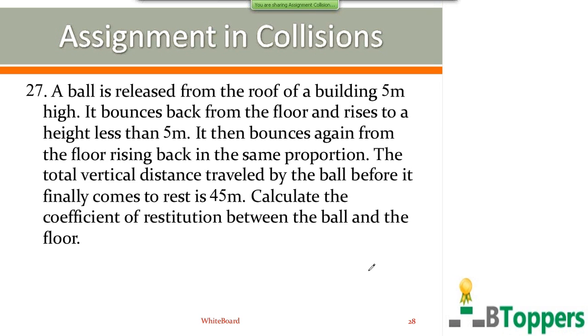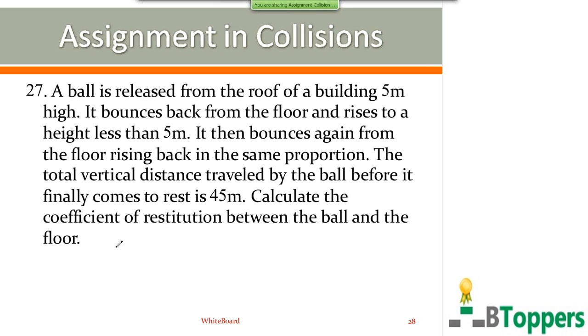This problem also comes under one special case which I have discussed in a separate class in one-dimensional inelastic collisions. As I discussed earlier, if e is the coefficient of restitution between the ball and the floor, and h is the initial height from which the ball is dropped above the floor, and the ball is allowed to collide with the floor repeatedly, the ball, suppose, moves only under influence of gravity between any two successive collisions.